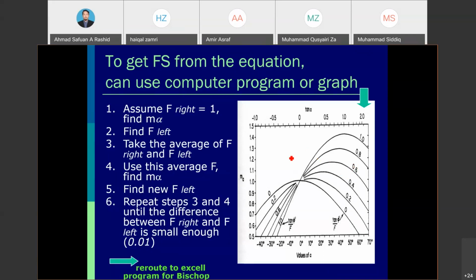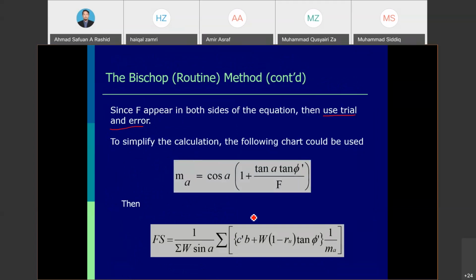So for example, assume F right equal to 1. Find the m alpha value. So find F. Ini biasalah kita guna based on this formula. Kita dah letakkan ni sebesar dengan 1. Then kita dapat m alpha. Then kita do the calculation dan kita dapat factor of safety on the left.